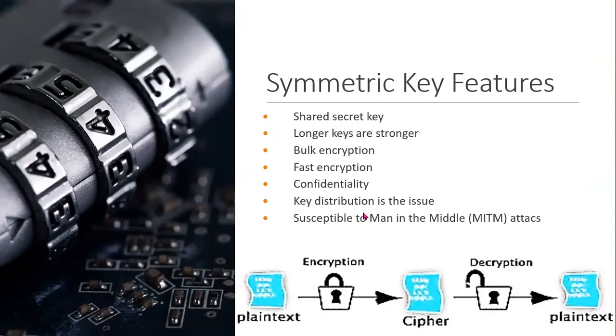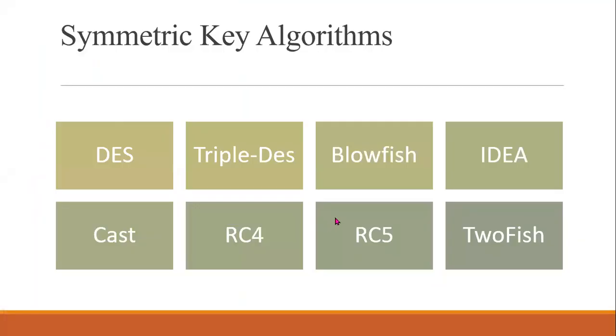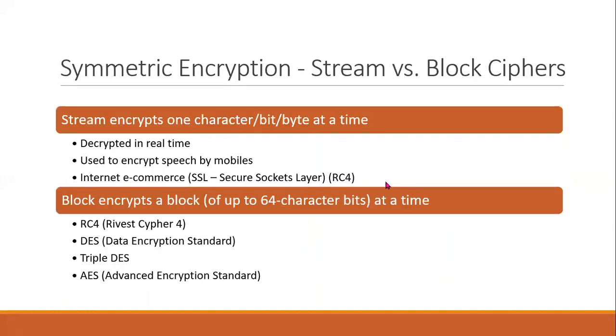But the key issue is that with the key being distributed with the message, it is susceptible to man-in-the-middle attacks, where a man in the middle can intercept the message and simply read it because they've also got hold of the encryption key. Here are some symmetric key algorithms: DES, triple DES, Blowfish, IDEA, CAST, RC4, RC5, Twofish. We won't talk through all of them.